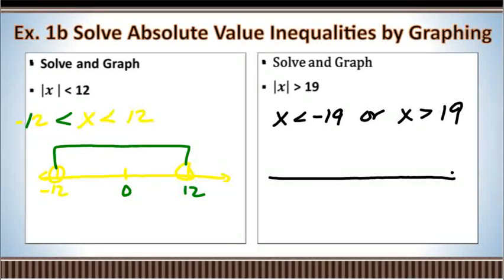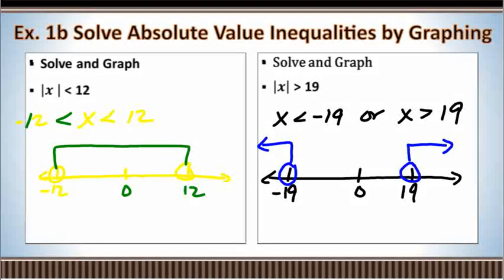So now I draw our number line. I have 0 in the middle, negative 19 to the left, positive 19 to the right. We have open circle on both, negative 19 going to the left, 19 going to the right.